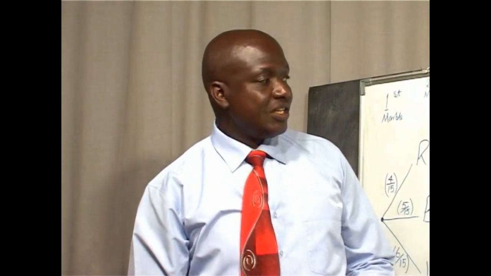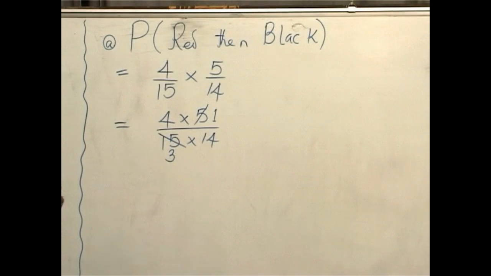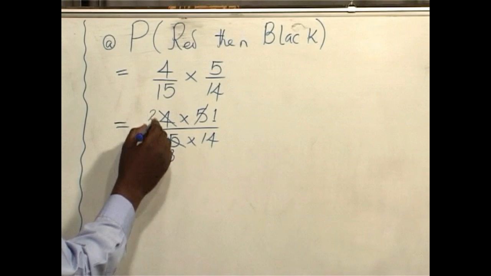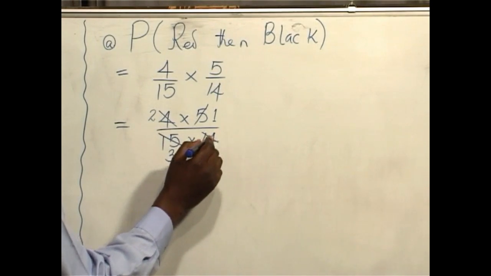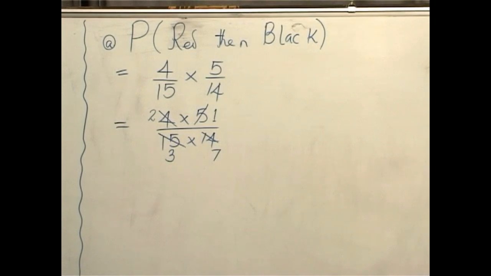We can see that we also have a common factor of 2 when we look at 4 and 14. So we divide by 2, we get 2. And when we divide by 2, we are going to have 7.